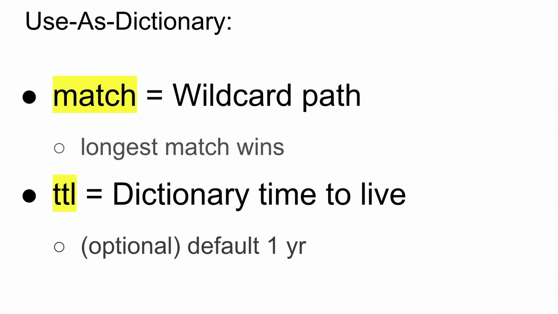TTL is a specific time for the dictionary itself to live as a viable dictionary, independent of the cache headers and the cache time. So you could cache it forever, but say that you only want the dictionary to be used for a year or a week or a month. The main reason for separating those is going back to the request headers.